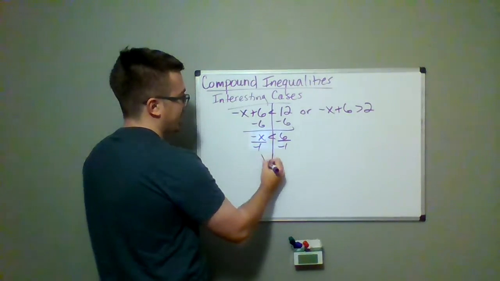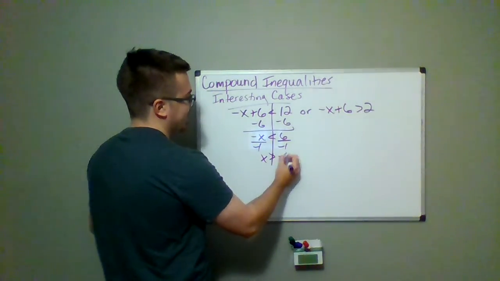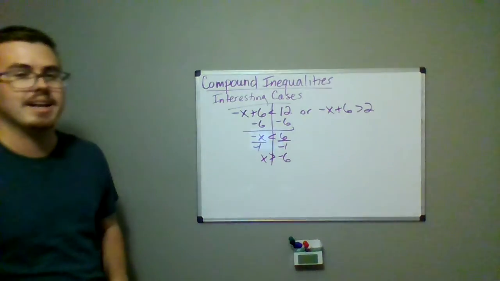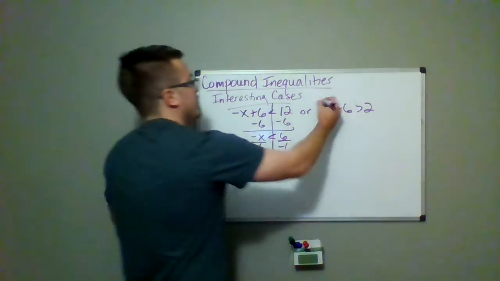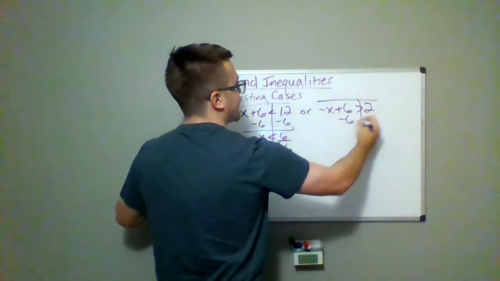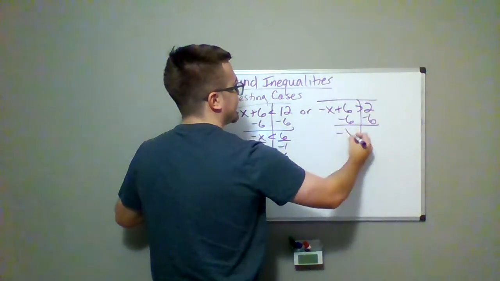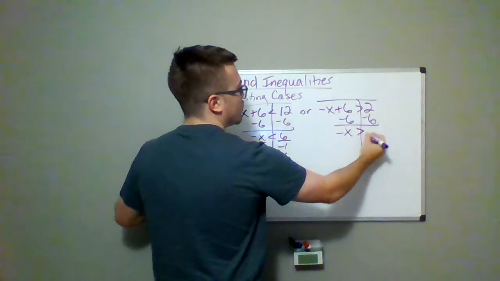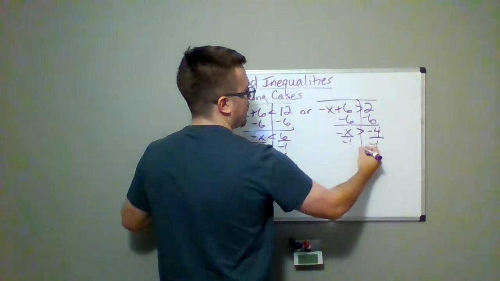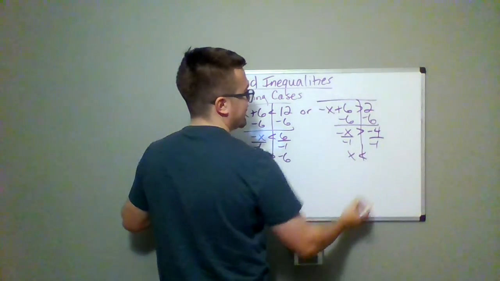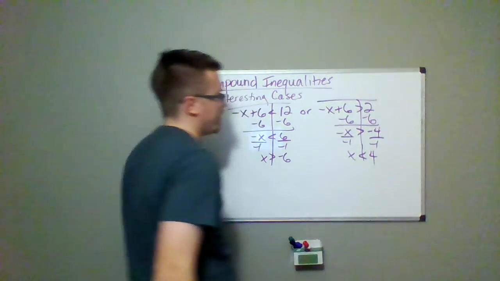Since I divided by a negative, I have to flip it, so I get x is greater than -6. Scoot over to the other one, make my t-chart, same process, subtract 6, get -x is greater than -4, divide by -1, flip the inequality to get x is less than 4.